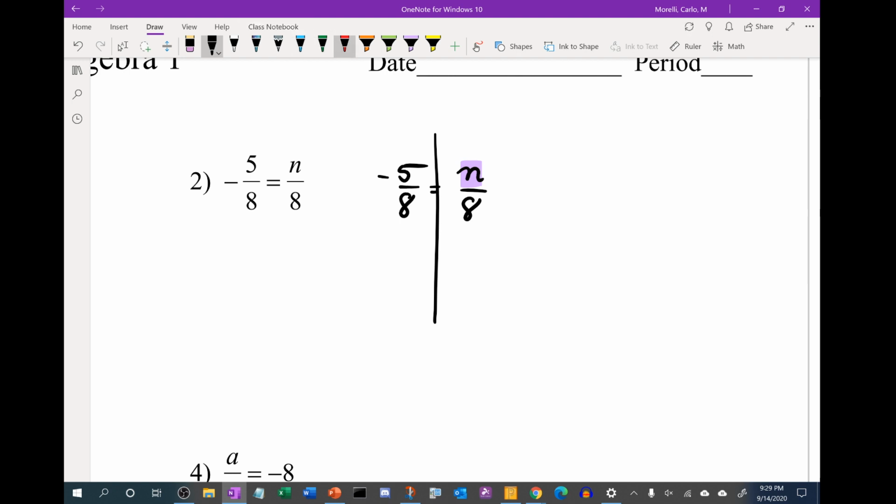Okay, so right now, n is being divided by 8. So what is the inverse operation of dividing by 8? Well, the inverse operation would be multiplying by 8. And we're actually going to be multiplying by 8 over 1. This is actually called the reciprocal.